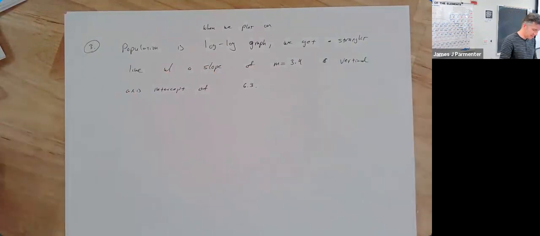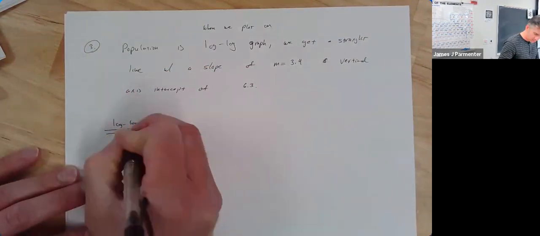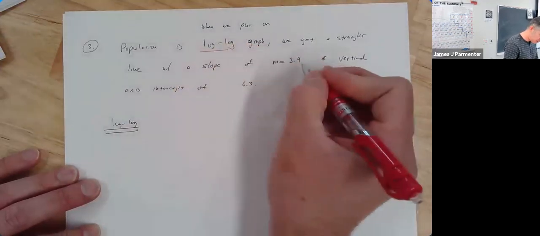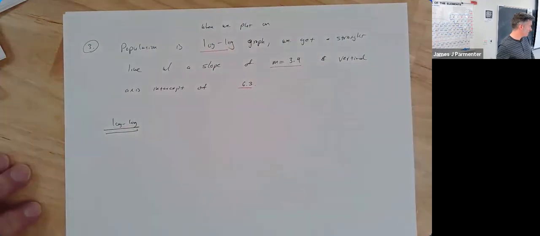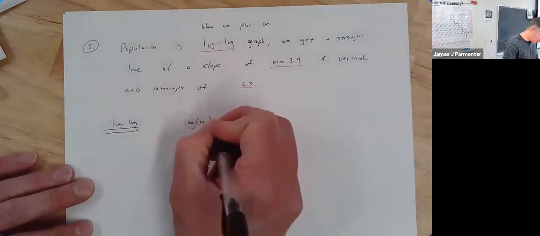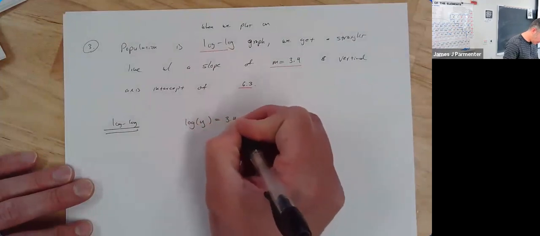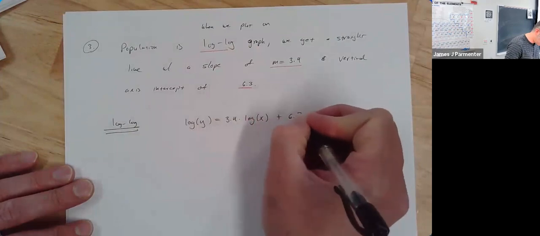So again, well, not again, somewhat differently, we know it's log. Slope is 3.4. The b value, or the vertical axis intercept, is 6.3. So we're thinking log of y equal to m times log of x plus 6.3.